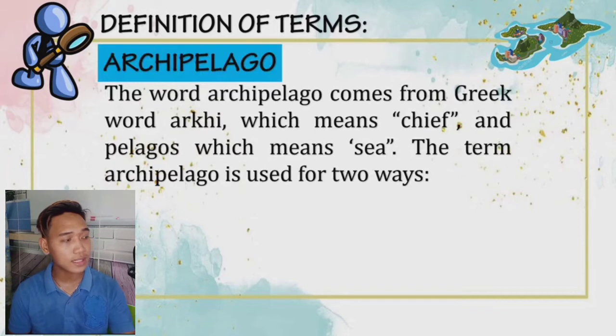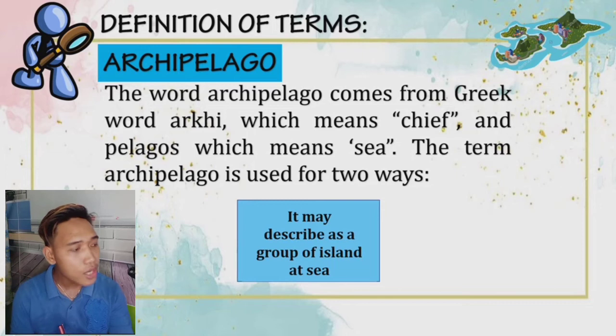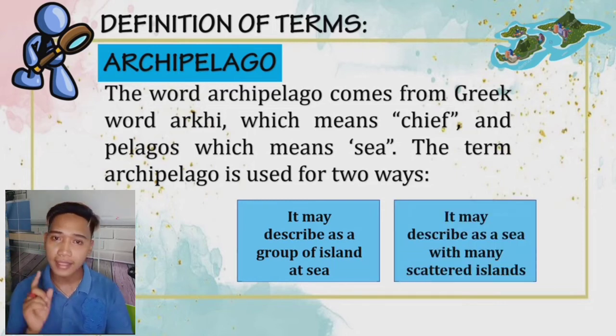The first is archipelago. The word archipelago comes from the Greek words arche, which means chief, and pelagos, which means sea. The term archipelago is used in two ways. First, it may describe a group of islands at sea, and second, it may describe a sea with many scattered islands.